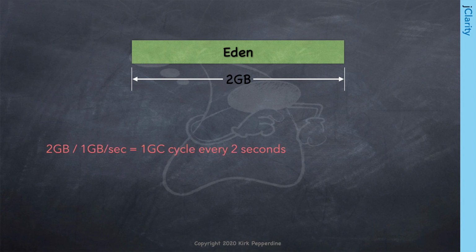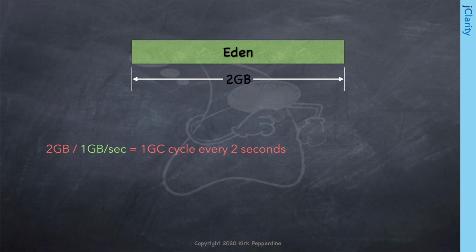And in my books, that's a pretty hot running collector, and I'd certainly want to slow it down. I want it to run once every 10 seconds or once every 20 seconds, something far away from 2 seconds. And so if I look at this problem and think, okay, what do I got to do to slow the collector down? I really only have 2 levers that I can pull on.